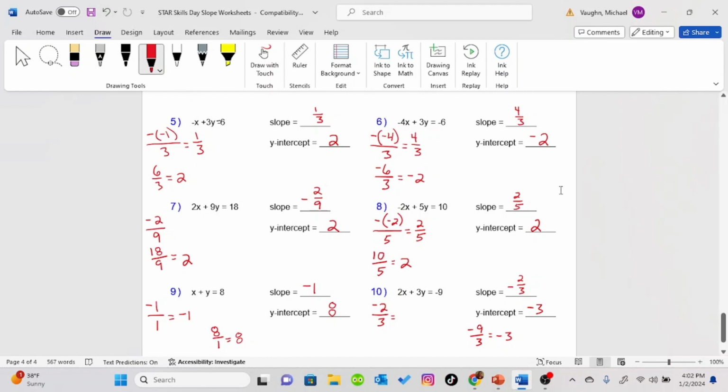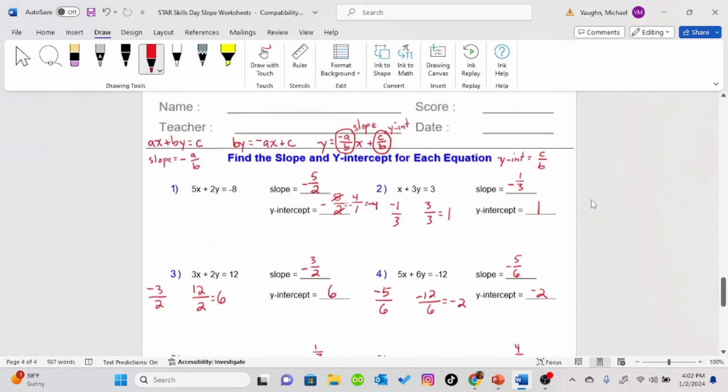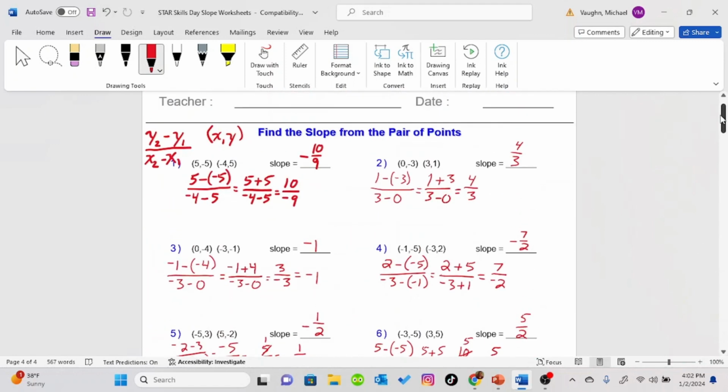So hopefully these worksheets have given you a better idea of, first, how to use 2 points to find the slope: subtract the second y minus the first y, and put that over the second x minus the first x.